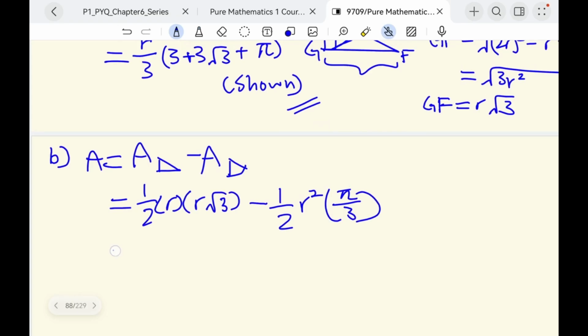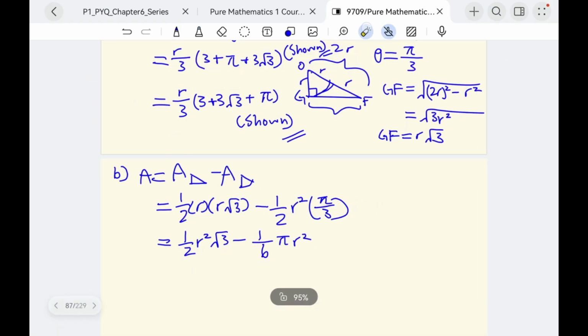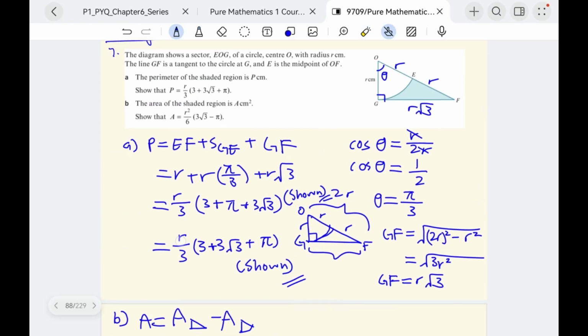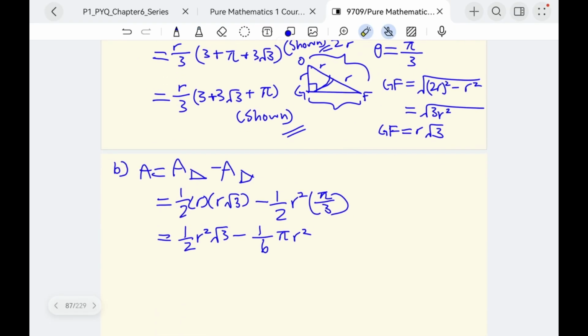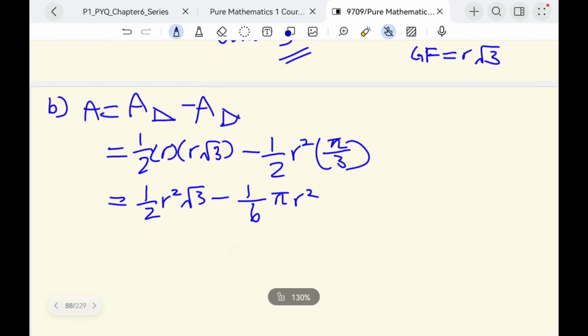Alright, so evaluate it. You can evaluate until this kind of form. As you can see that there are common terms of r squared, factorize the r squared out, and as you can see the answer shown over here must factorize the 1 over 6 as well.